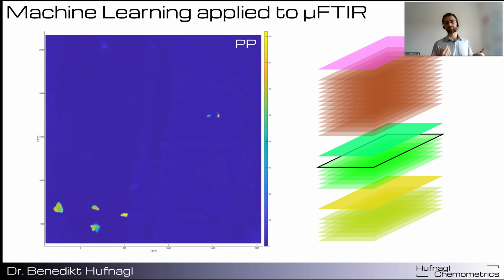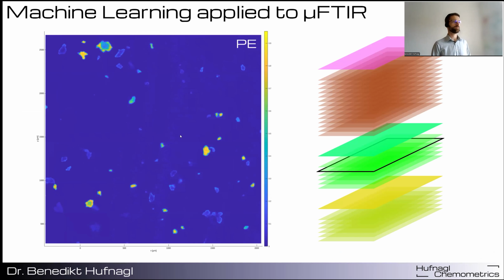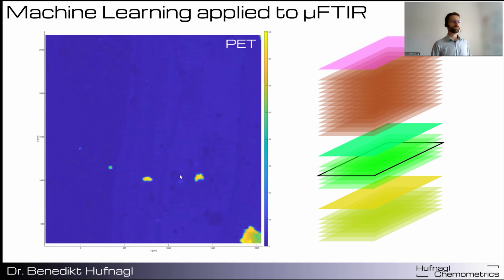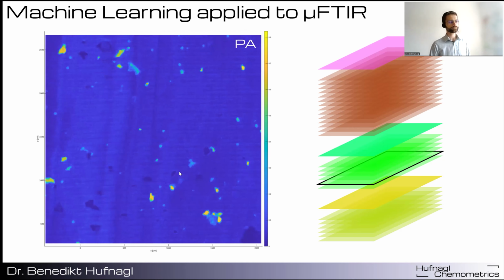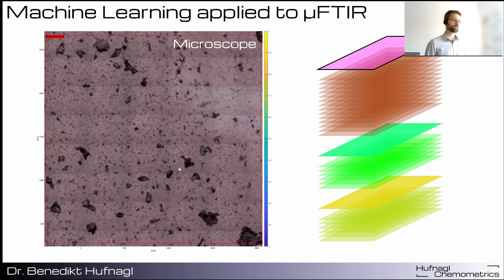We can also look at the scores that the machine learning model provides. So here you see lighting up the polypropylene particles, the PE particles, the PET particles, the PS particles, and so on. And if we're lucky, we also have a microscope image that we can use additionally.